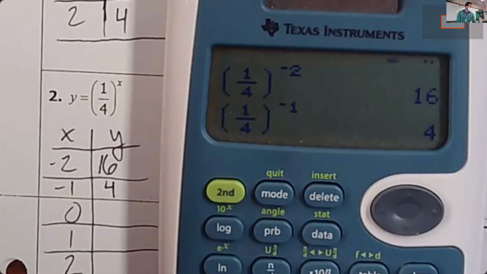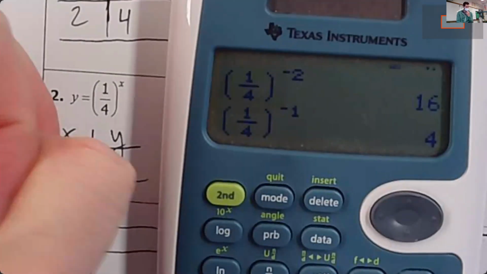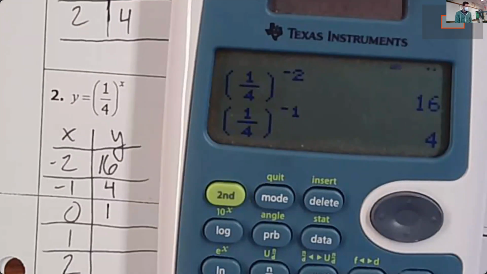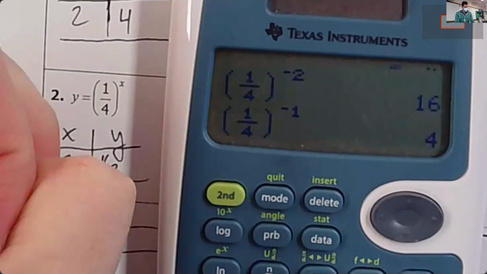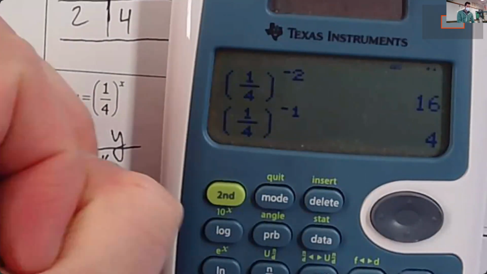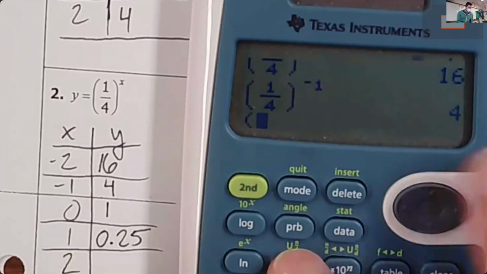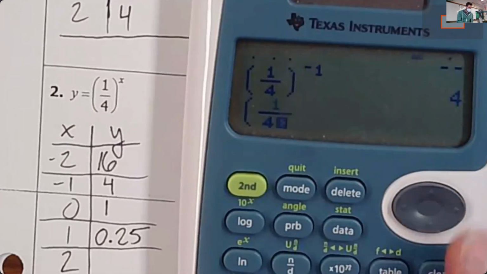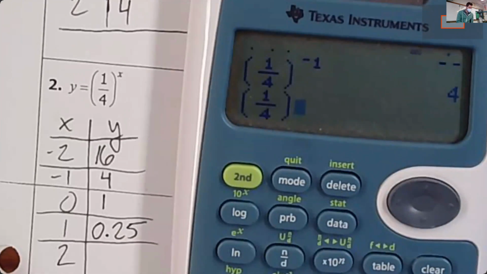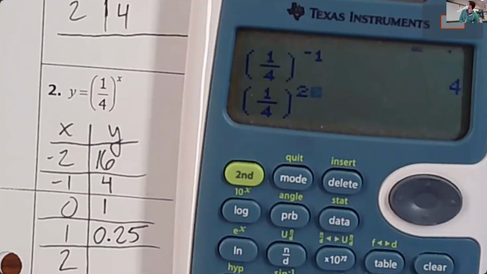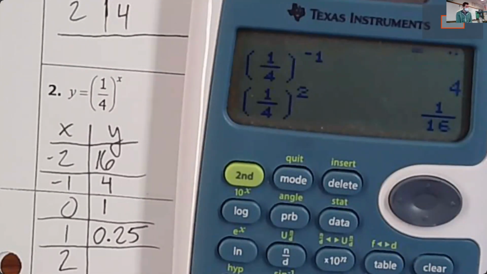1/4 to the 0 power, anything to the 0 power for that matter, is 1. So 0, 1. 1/4 to the first power is 1/4, which is 0.25. And then the last one, use the calculator for this one, 1/4 to the second power is 1/16.